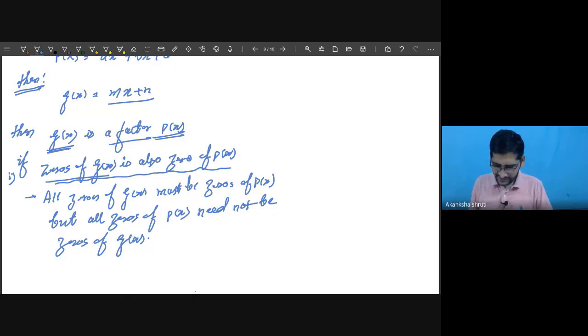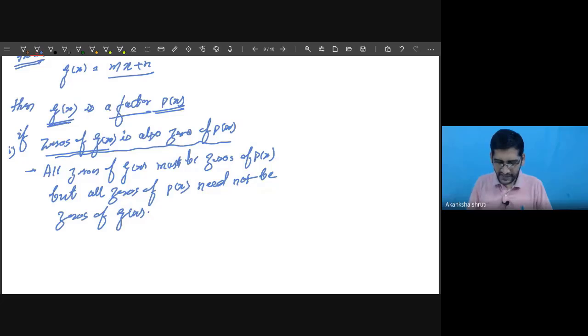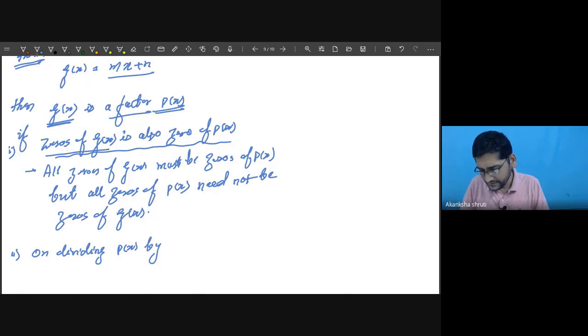The other way is that if we divide this p(x) by g(x), then the remainder is 0. That is the other thing. The second one is, on dividing p(x) by g(x), the remainder r(x) is 0.